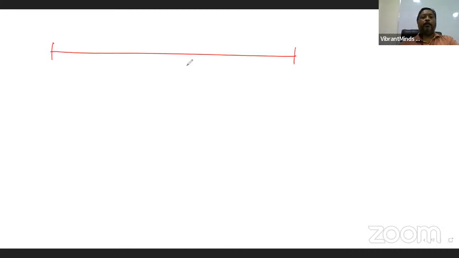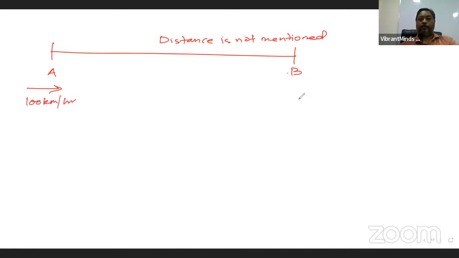When the distance is not mentioned, suppose a person drives from A to point B at 100 kilometers per hour speed, and from B to A at 150 kilometers per hour, but the distance is not mentioned.